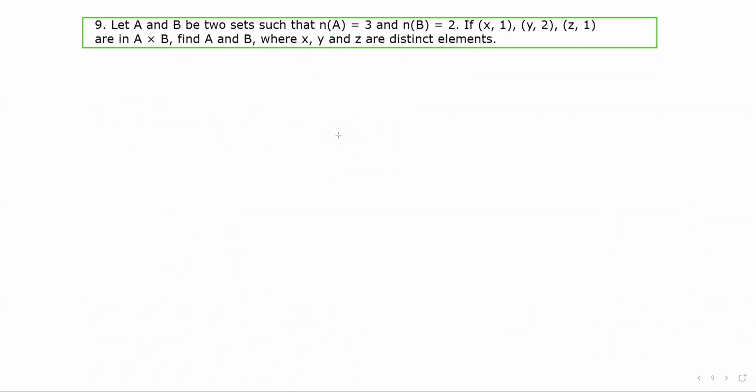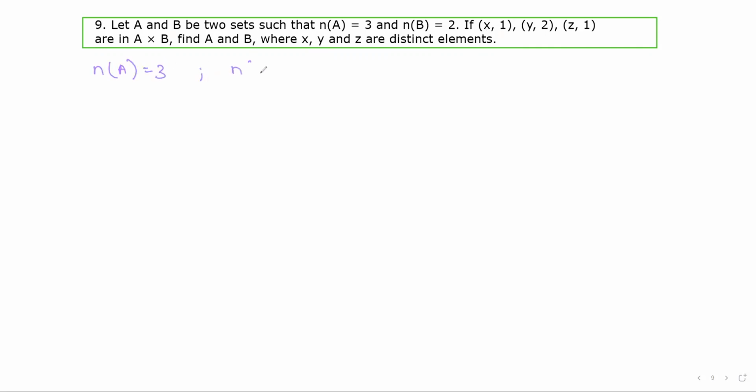Next, let A and B be 2 sets such that the number of elements in A and B are given. If (x, 1), (y, 2), (z, 1) are in A cross B, find A and B where x, y, z are distinct elements. What does this mean? You're given that the number of elements in A is 3.